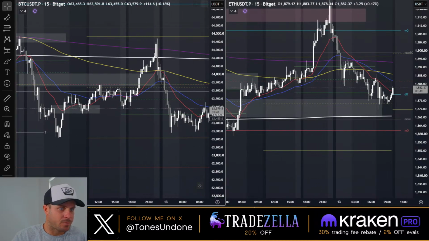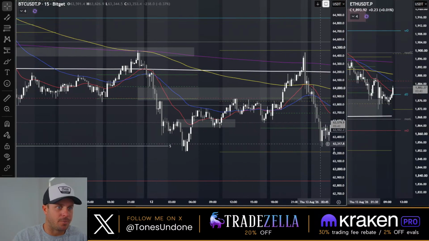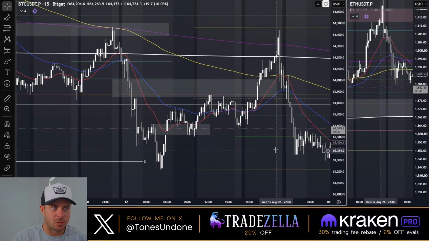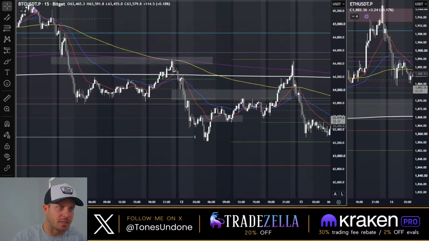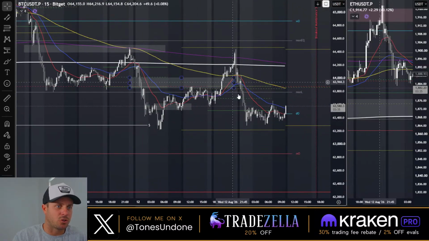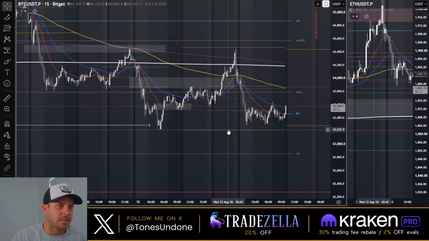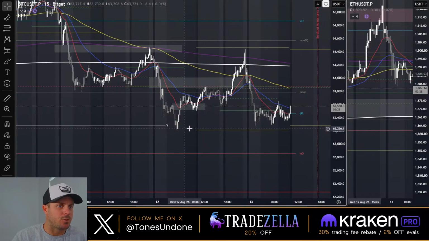But this was really nice. Let's look a bit more on Bitcoin, because on Bitcoin it was a good trade. The only thing is it was counter trend, so I've got drop 1, drop 2, sort of a drop 3 that didn't break this low for now, so it is not fully bearish because we haven't broken this low.